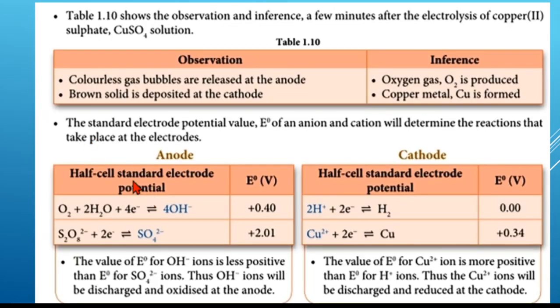Okay? So half cell and also half cell standard electrode potential in anode and cathode. Okay? Di sini, di anode, apa yang terjadi adalah the oxygen plus water plus electron. Ini adalah susunan dia. So, 4OH-, so dia punya value, kita boleh rujuk dalam table 1.6 adalah positive 0.4.